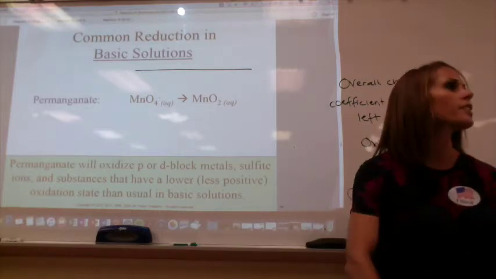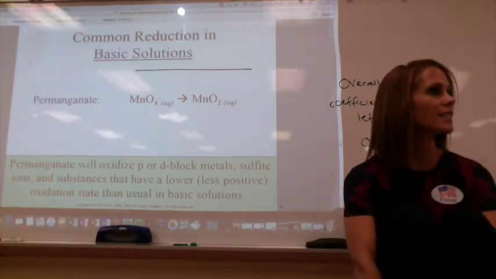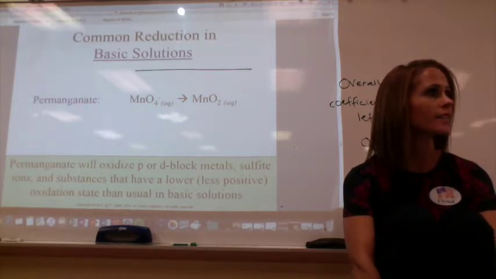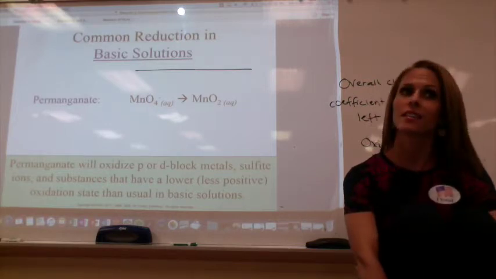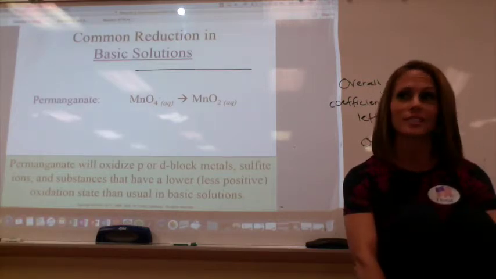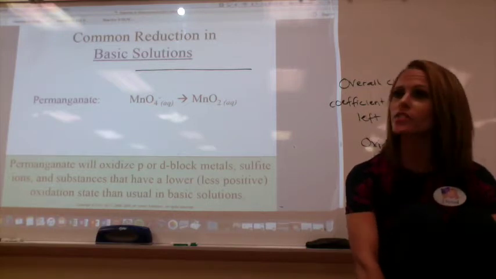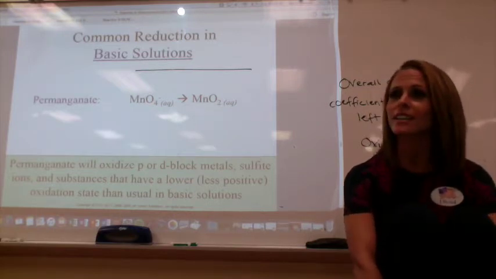So we're going over here to Tristan. What's the charge of manganese on the left side? 7. Why? Because oxygen's -8, and I need to have -1. Yes, good. All right, Tori, what's the charge of manganese on the right side? +4.